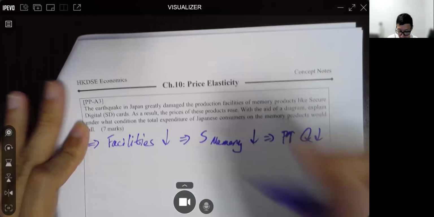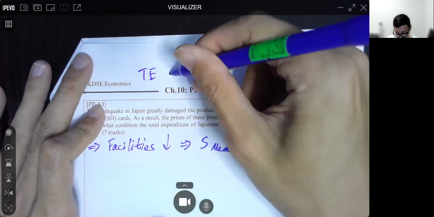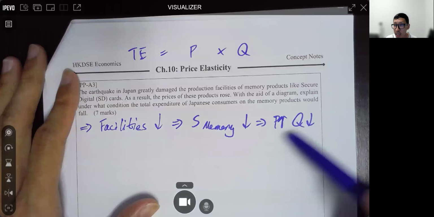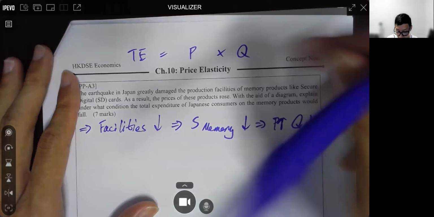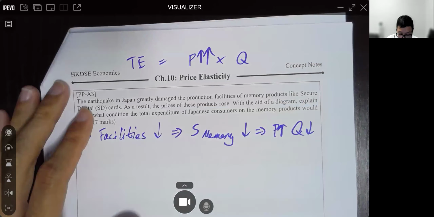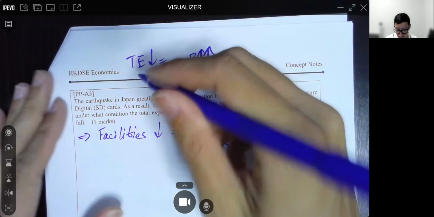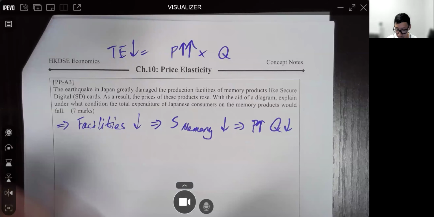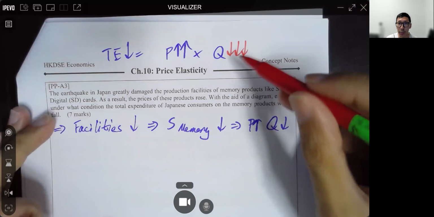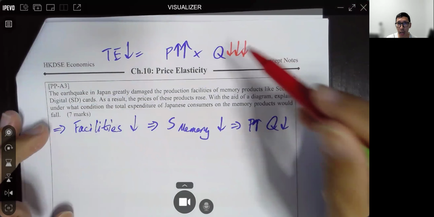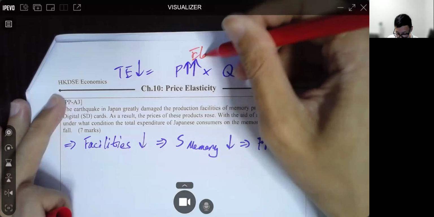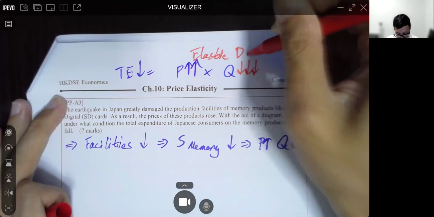我哋諗諗啦 the logic. TE equals to P times Q. We already know P increases, Q decreases, right? 記住啦。When would TE drop? How do we balance this equation? We need this guy to move faster by a larger percentage, right? What do we call this? We call this elastic demand.